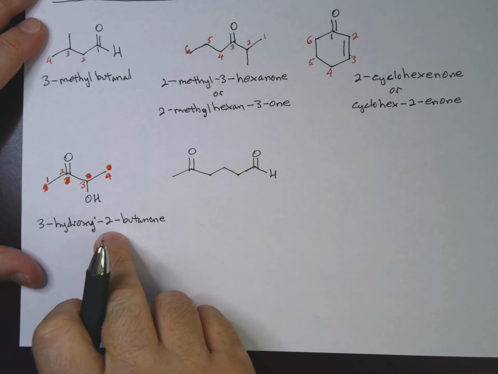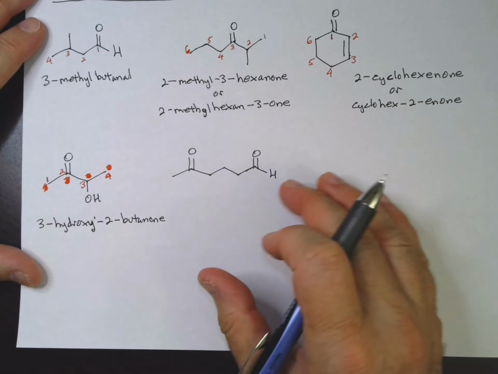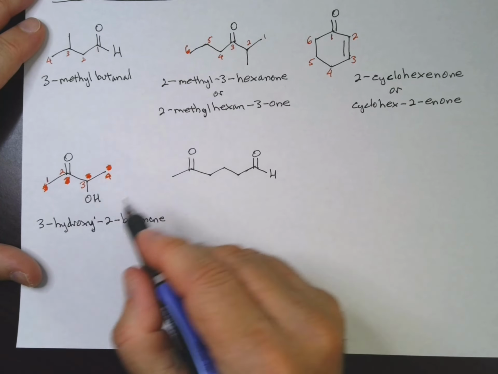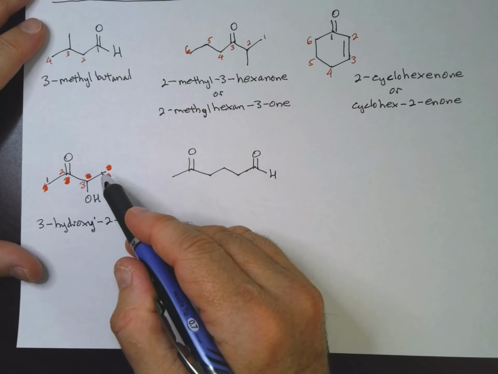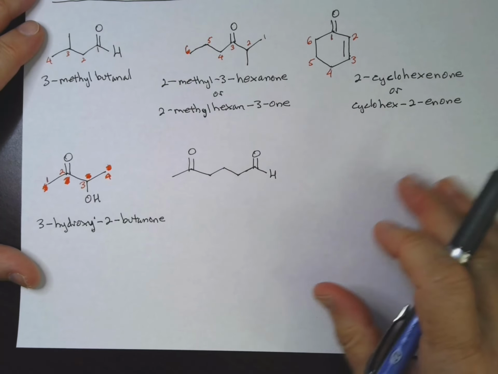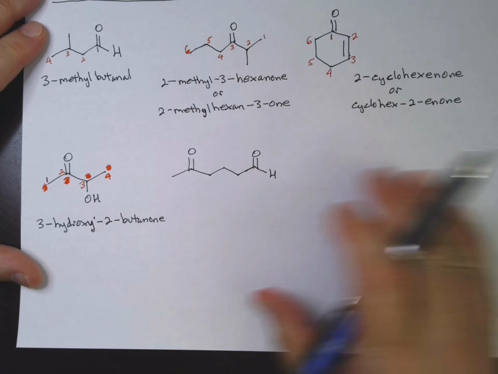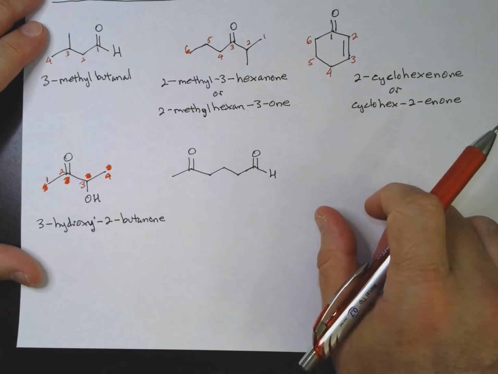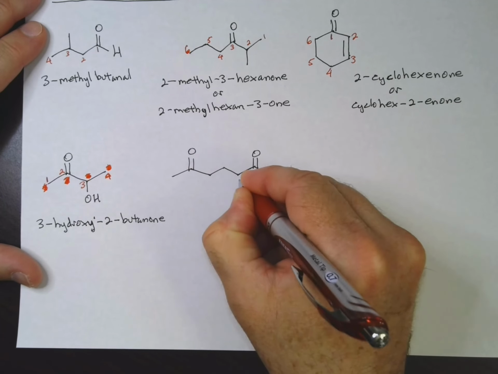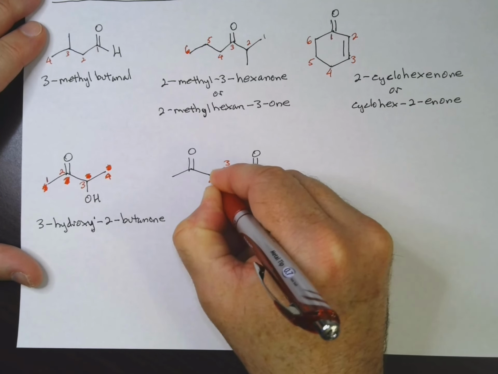The 2 may be a little redundant because we know that butanone has to have the ketone at carbon 2, because if it was at carbon 3, well, it wouldn't be butanone, or actually it wouldn't be carbon 3, but I'll let you play around with that if you want to. Anyway, last one here. I have an aldehyde and a ketone, so I want to start numbering from the aldehyde side.